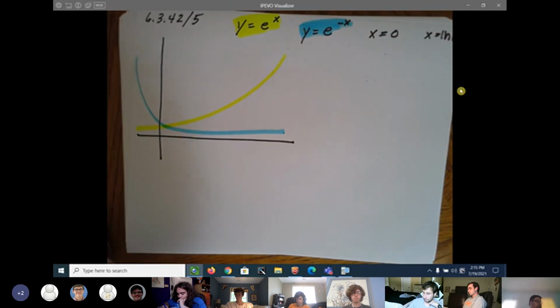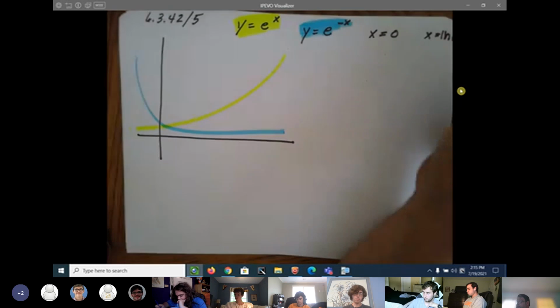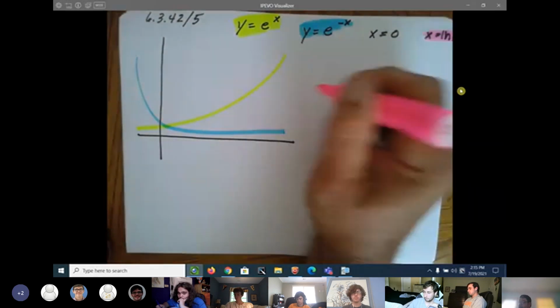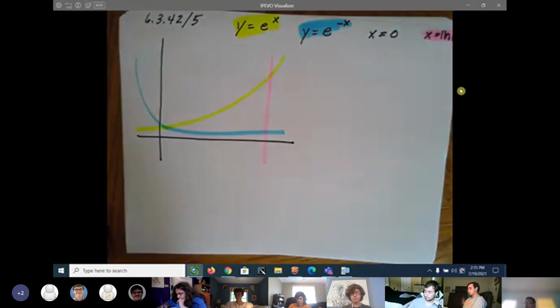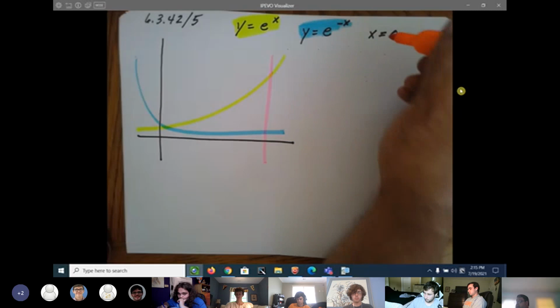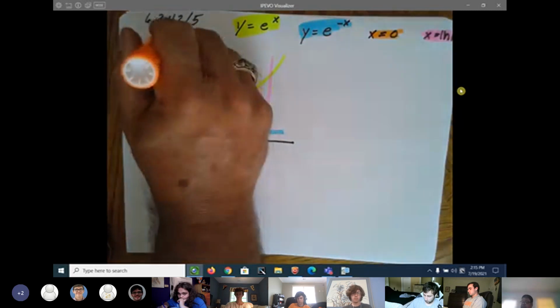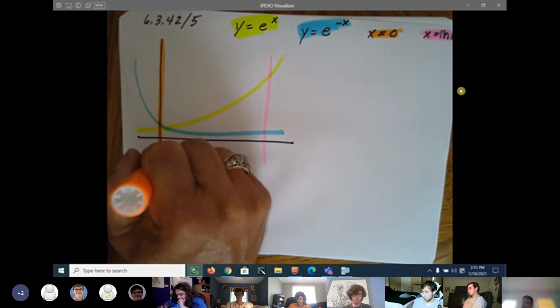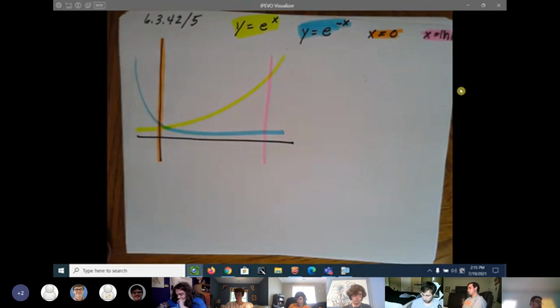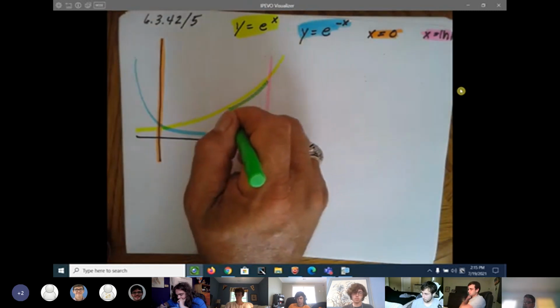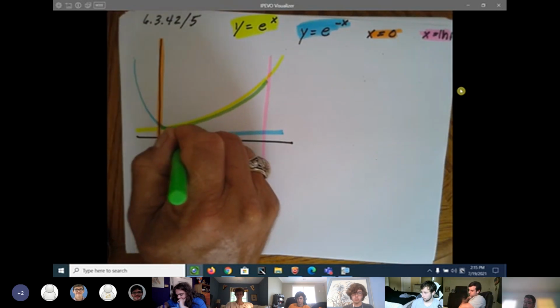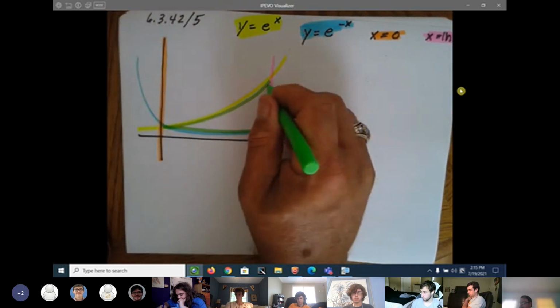And my pink pen. And you can take your orange pen. X is equal to 0 is the y-axis, so you could do that if you wanted to. And here is your area that they're wanting.